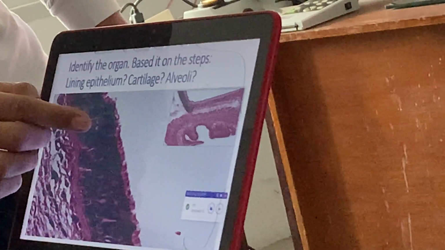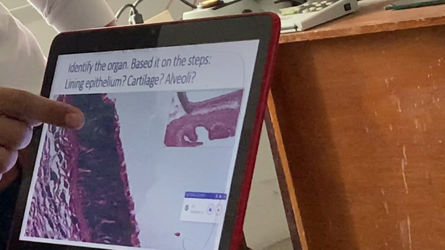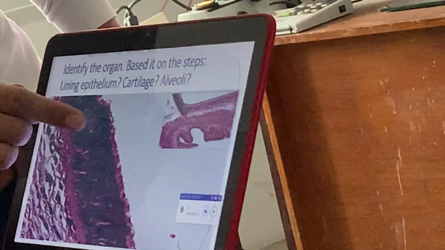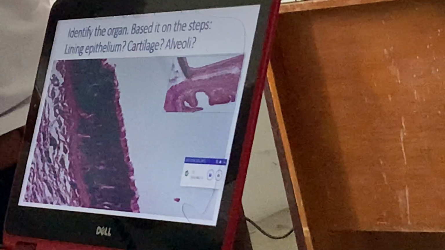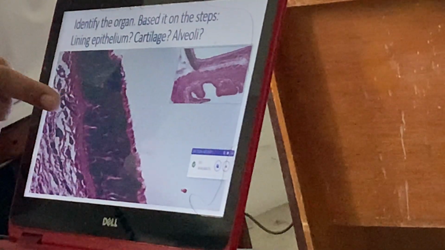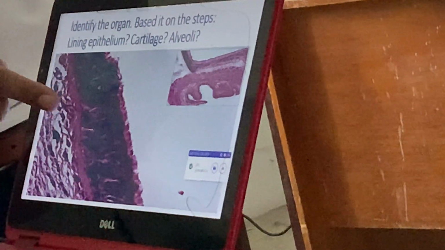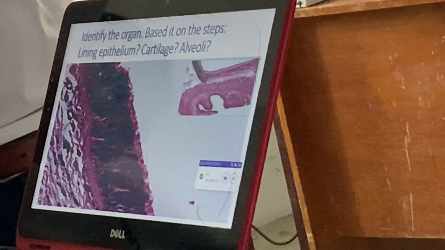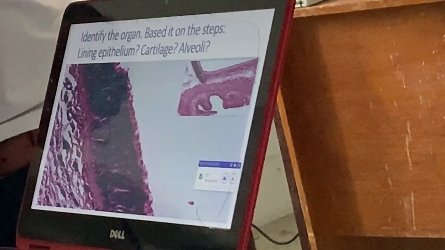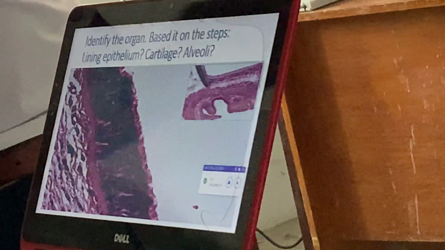Structure at the pointer. God bless us. Structure at the pointer. Step 1. What is the lining epithelium? Step 2. Can you identify? No. Next question.